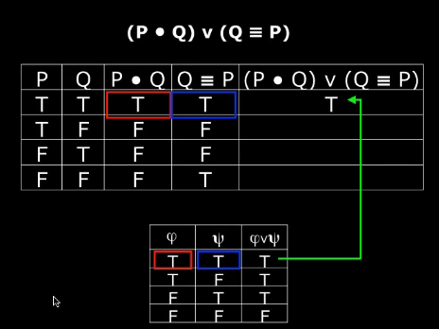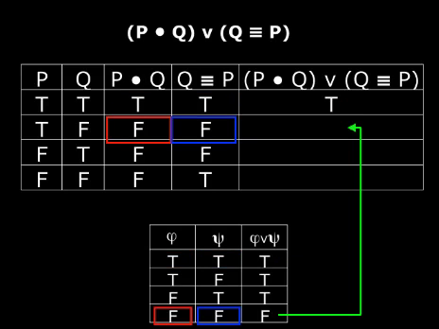Now let's move down and do the next row. The next row, which is row 2, the first disjunct is false, second disjunct is false. So now let's go consult the truth function. When the first disjunct is false and the second is false, that's here at the bottom, it outputs false.